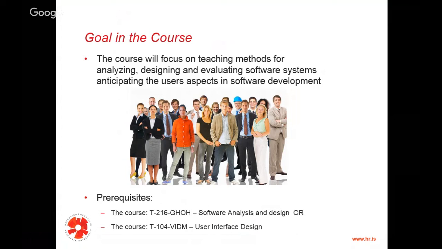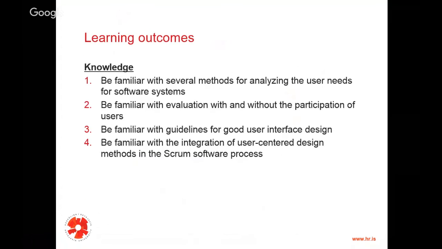So you are focusing on methods for analyzing, designing, and evaluating software systems, anticipating the user's aspects in software development. Okay, and you have software analysis and design, the old course, which was taught until I think 2000 or 2003, something. So it's very rare that we get students that have this background, but I have it there.